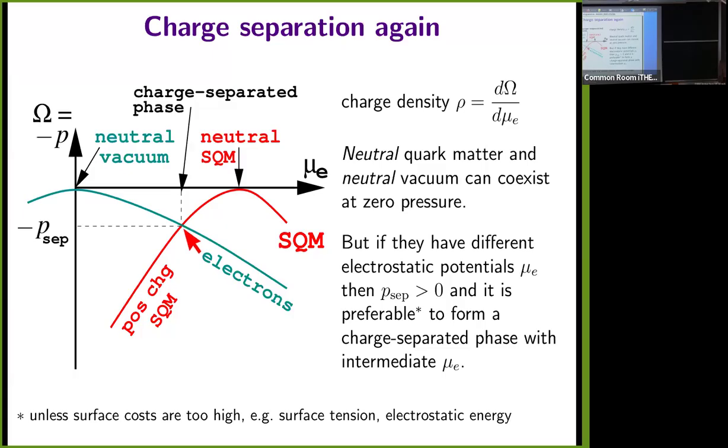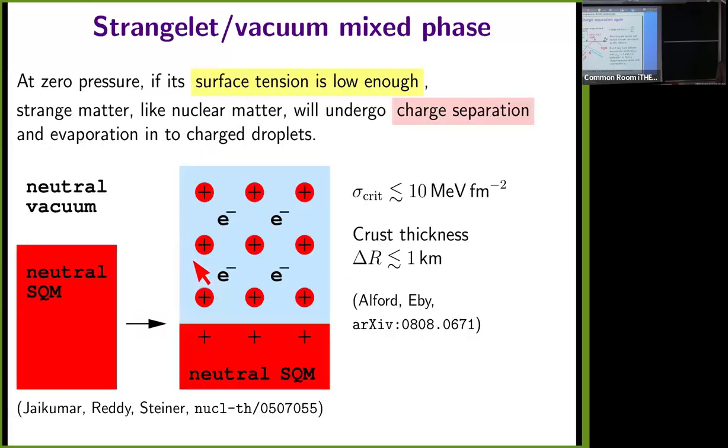And if I mix them in tightly enough with each other, then you won't have too much worry about electric fields, although then you'll have a lot of surface to worry about surface tension. So again, you may get a mixed phase. And what is that mixed phase going to look like? Let's go back. Instead of this sharp transition here, it's going to be little blobs of positively charged strange matter, also known as strangelets, with surrounding electrons. That's one way it might look.